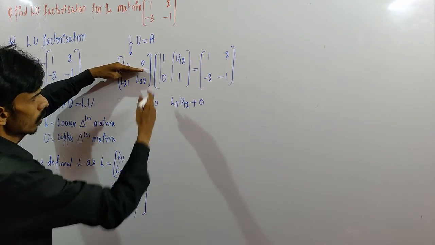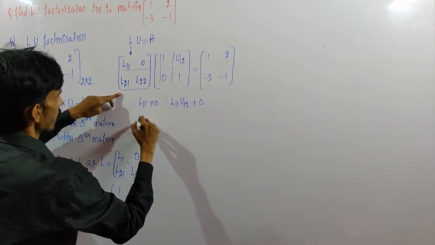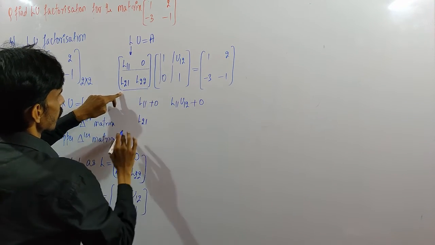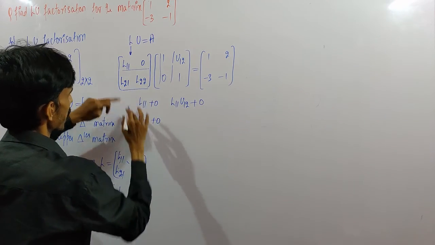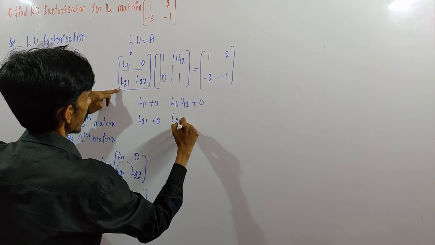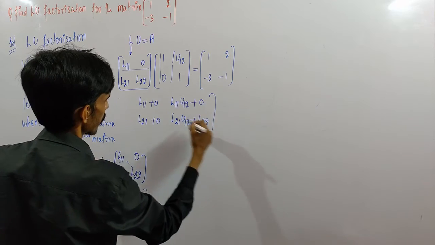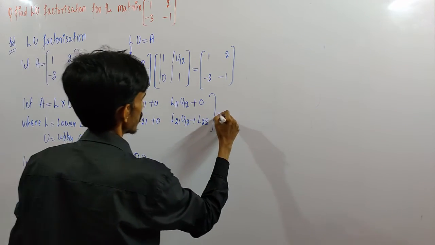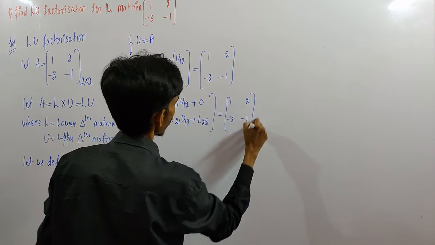Now second row, first column, L21 into 1 is L21, L22 into 0 is 0. Next second row, second column, L21 U12 plus L22, is equal to 1 2 minus 3 minus 1.